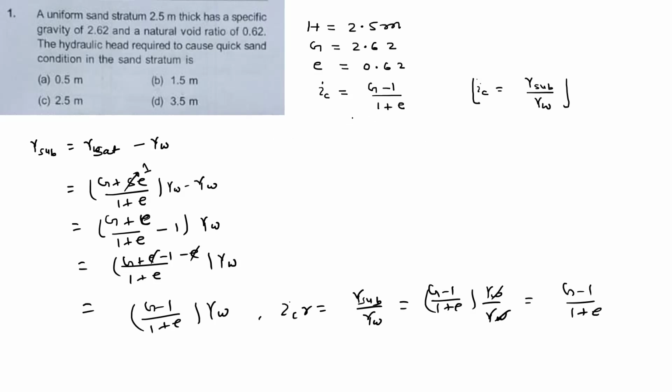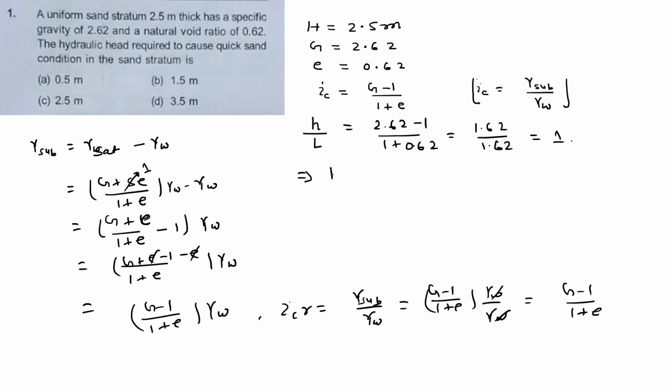Okay. So when you use this formula, G is 2.62, minus 1, divided by 1 plus e, which is 0.62. So this is 1.62 divided by 1.62. This is 1. So i_c is equal to 1. And i_c in this case is the head causing the flow divided by the length of flow, L. It is asking about the hydraulic head required for quicksand condition.